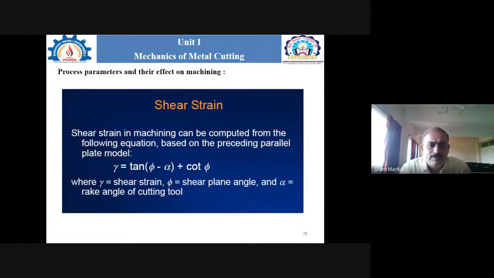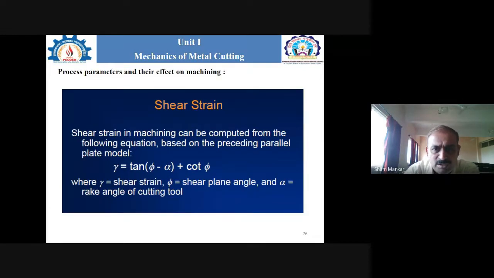Apart from that, one must also know the shear strain, which is again an important process parameter while calculating the machining. We can easily calculate it using the formula gamma is equal to tan of bracket phi minus alpha plus cot of phi, where the shear strain is denoted by gamma, phi is the shear plane angle, and alpha is the rake angle of the cutting tool.